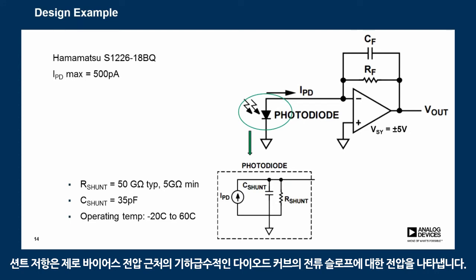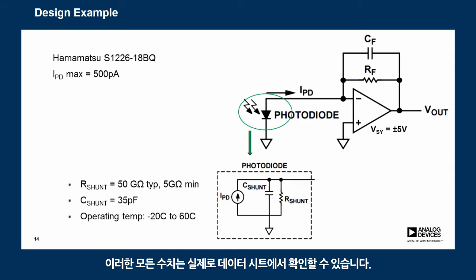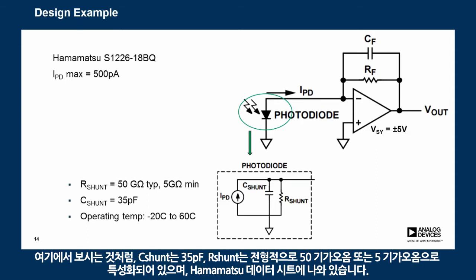The shunt resistance represents the voltage versus current slope of the exponential diode curve near zero bias voltage. And all these numbers are available in the data sheet. As you can see here, C shunt is characterized to be 35 pF, and R shunt 50 gigaohm typical and 5 gigaohm minimum. These are from the Hamamatsu data sheet.